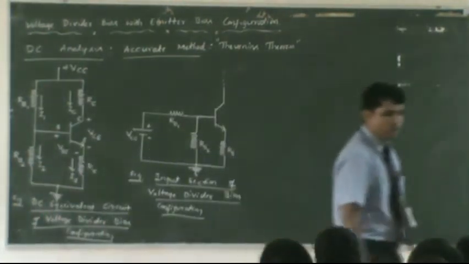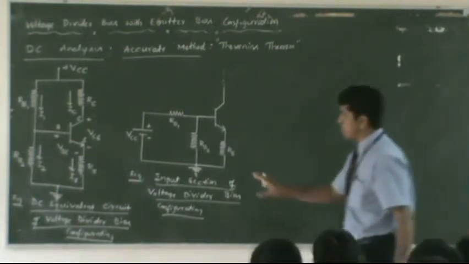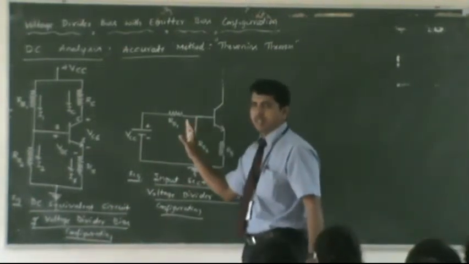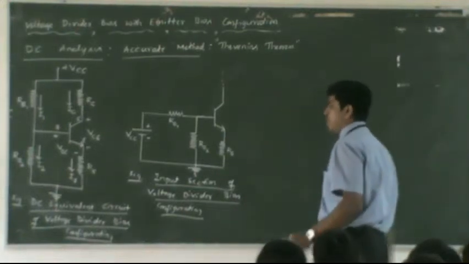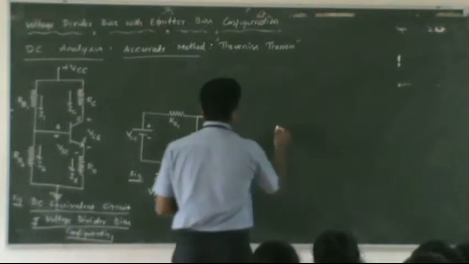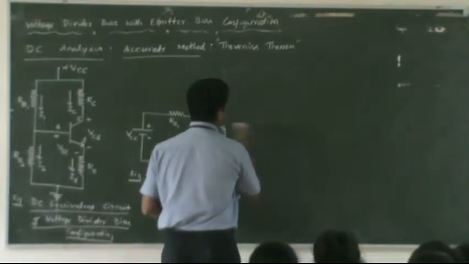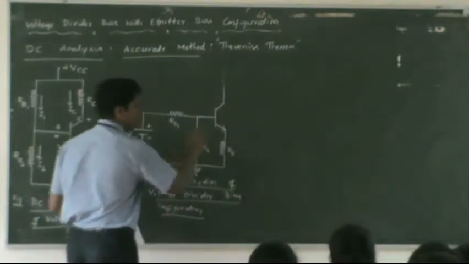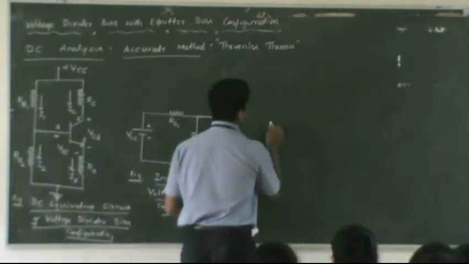In this second figure, we just showed the input section in detail. That's all, so that in the next stage we can apply Thevenin's theorem. So now let us show the Thevenin's equivalent circuit. I am going to modify this input section by using Thevenin's theorem, which I am going to write here.